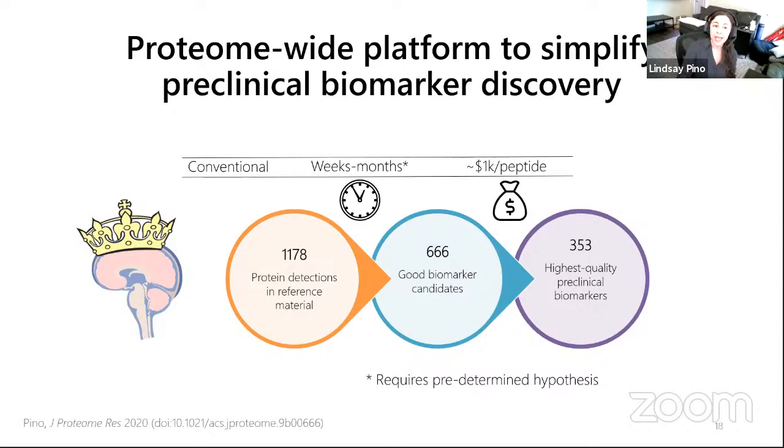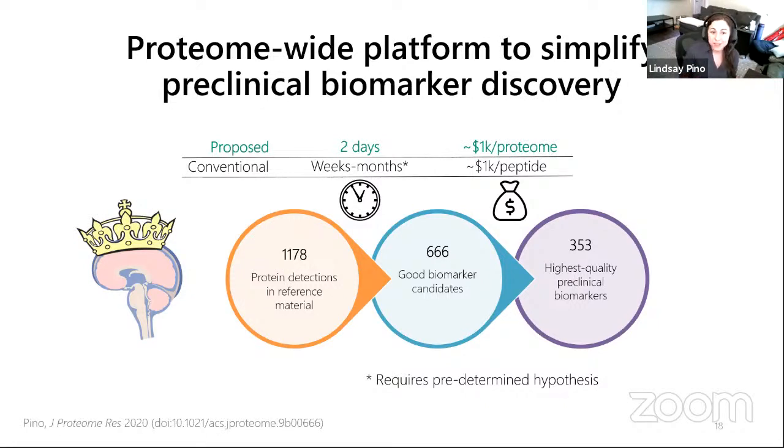If we use DIA, now we can measure every single protein, all of the peptides in the sample. If we use this approach that I published last year called matched matrix calibration curves, instead of spending weeks to months to figure out what you can detect in your sample, it takes you 2 days.